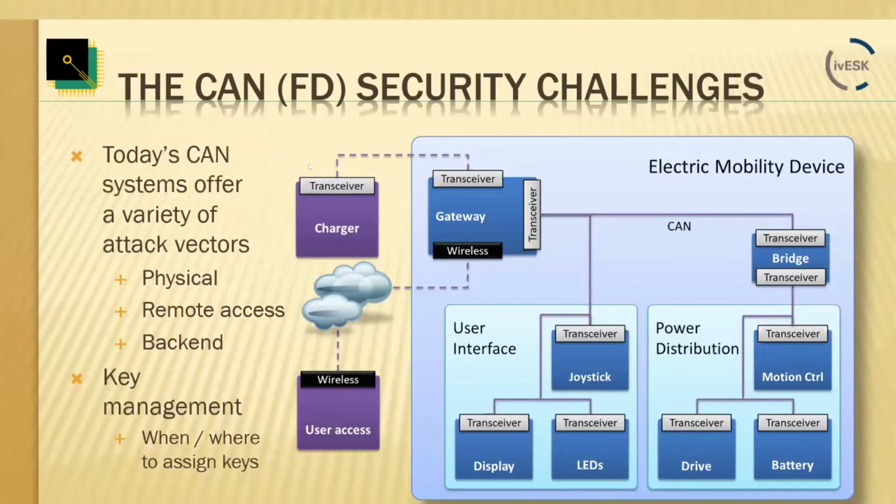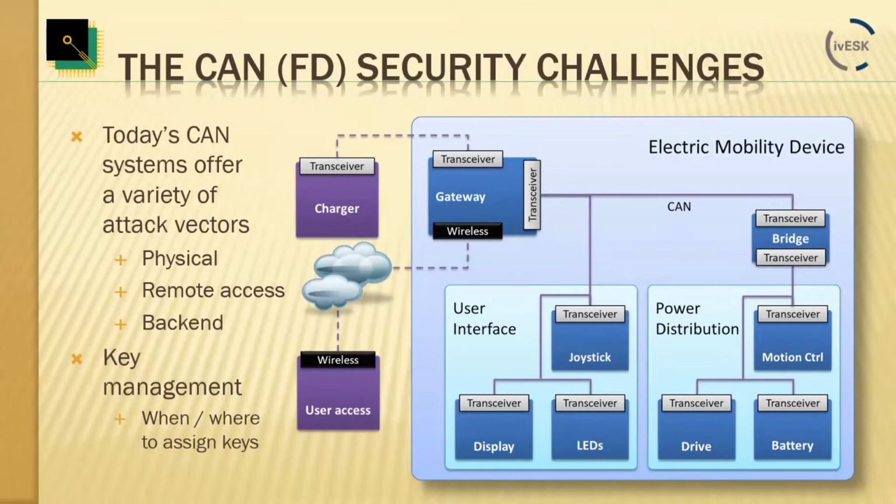If we took a look at a typical CAN system, let's just pick any fictitious electric mobility device, maybe a wheelchair or something like that, then what are the components in there? We'll definitely have a lot of CAN connected controllers. There'll be things like a joystick, a drive somewhere, maybe a battery system.